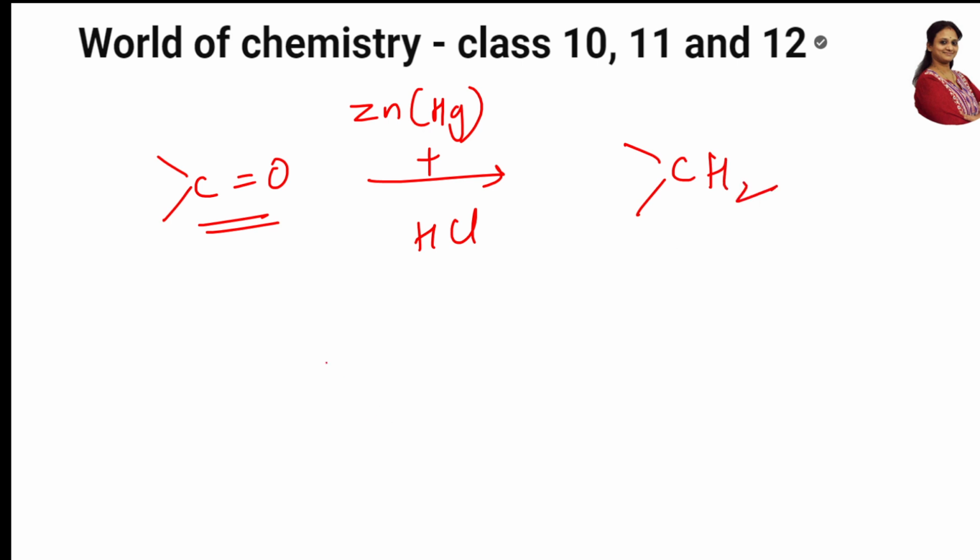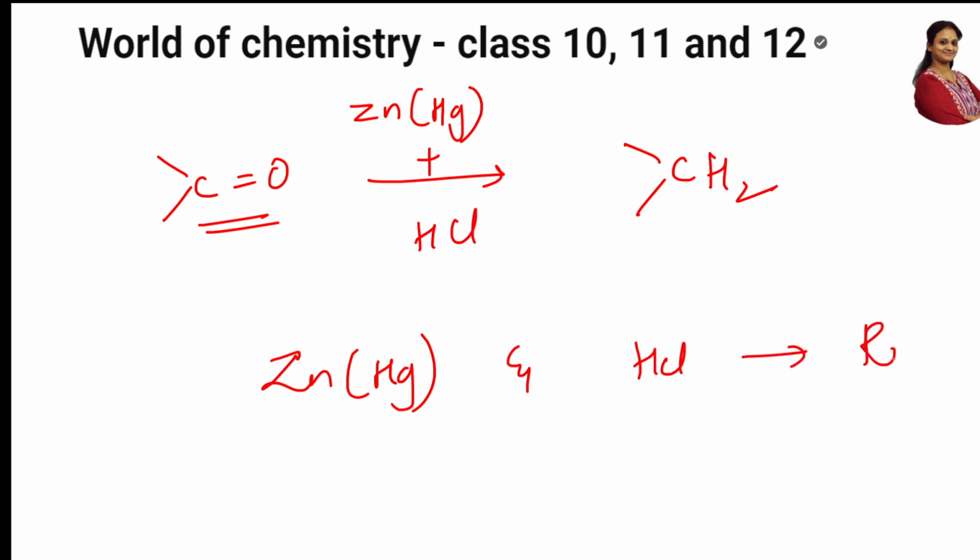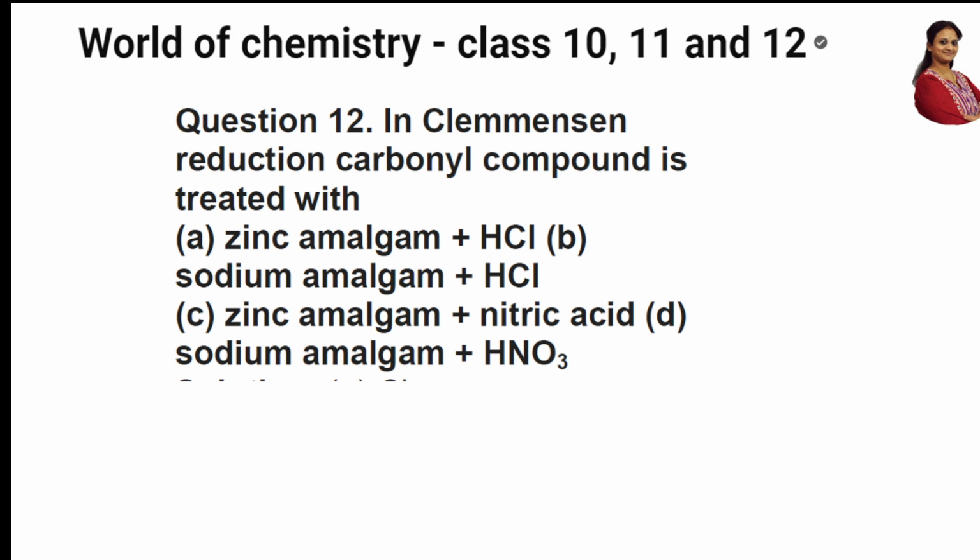Correct? Yes. So zinc amalgam and HCl act as the reagents. Clemmensen reduction, simple.